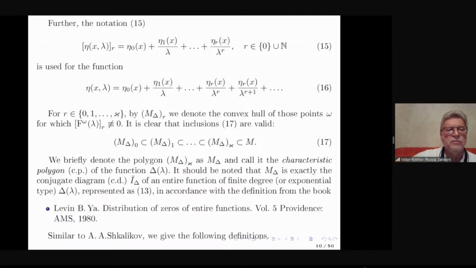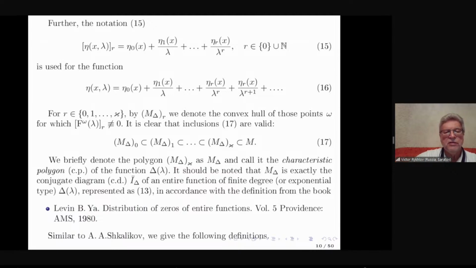For A from 0, 1, and so on, kappa, by M delta kappa, we denote the convex hull of those points omega for which F omega of lambda in square brackets R is not equal identically 0. It is clear that inclusions 17 are valid.